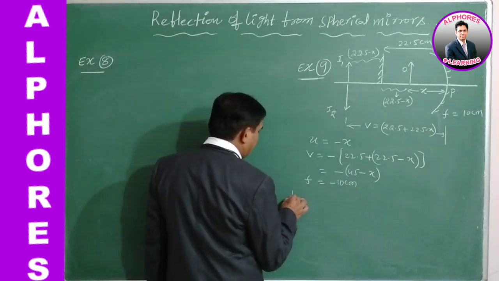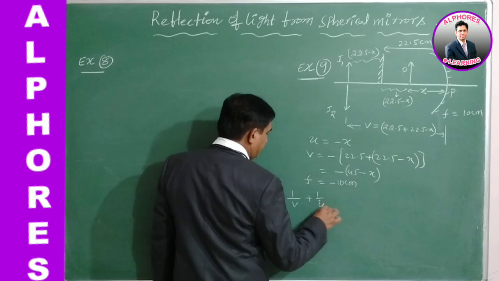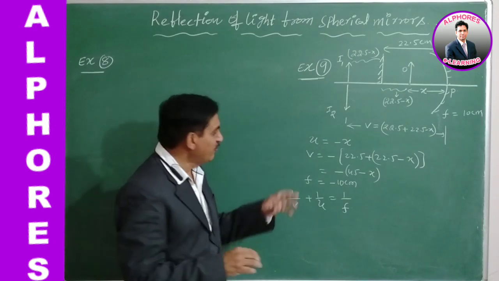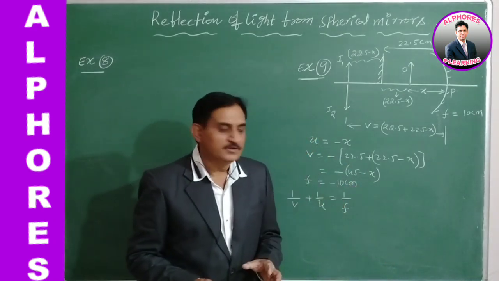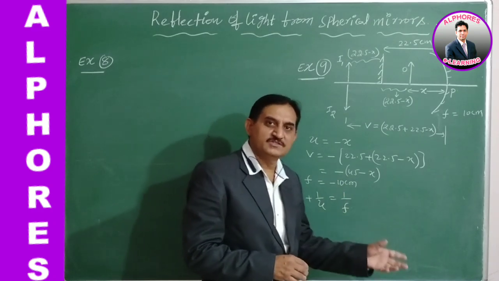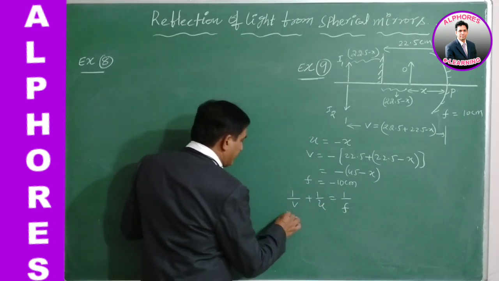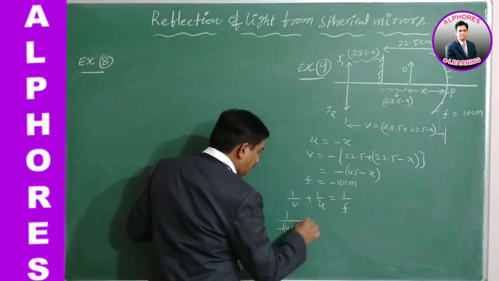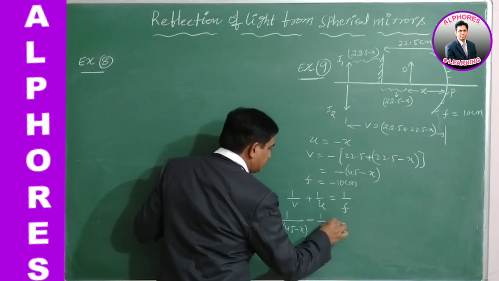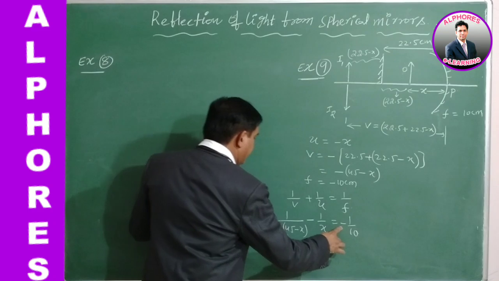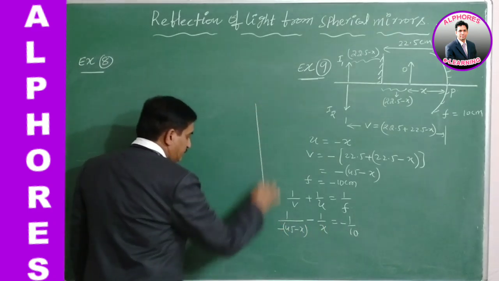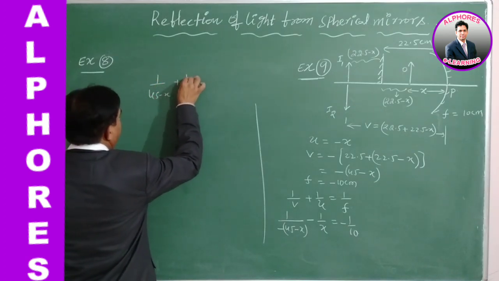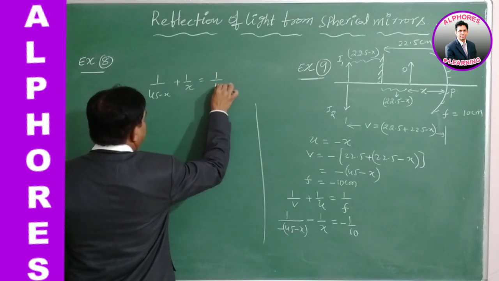Therefore, using the mirror formula, 1 by v plus 1 by u equals 1 by f, and substituting all these values with the sign convention, 1 by v is minus 1 by (45 minus x), and minus 1 by x is equal to minus 1 by 10. Minus, minus cancel, so you will get 1 by (45 minus x) plus 1 by x equal to 1 by 10.